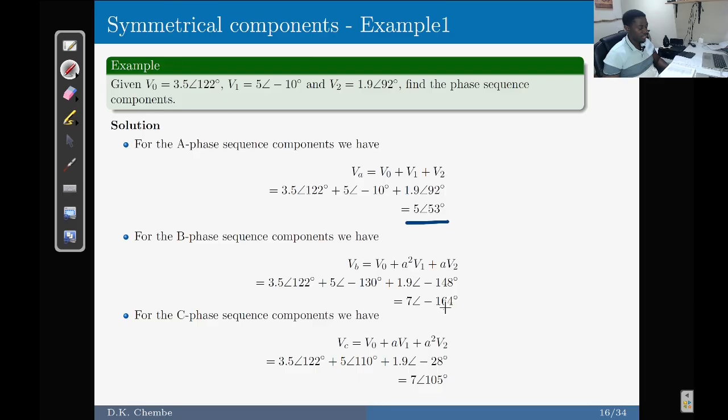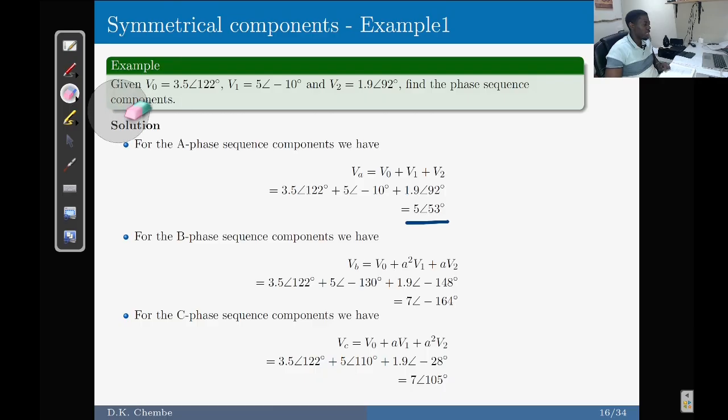You obtain 7 at angle minus 164. And then for phase C, you get VC, which is equal to V0 plus aV1 plus a²V2, which gives you 7 at angle 105 degrees.